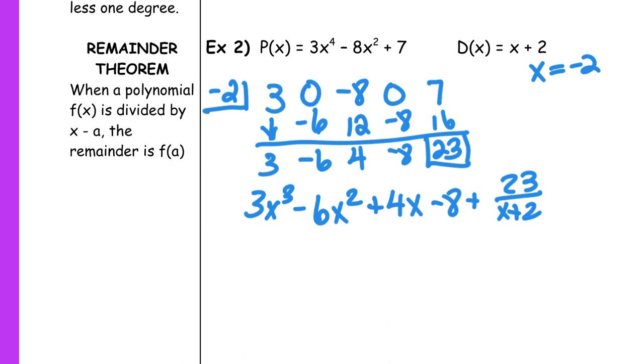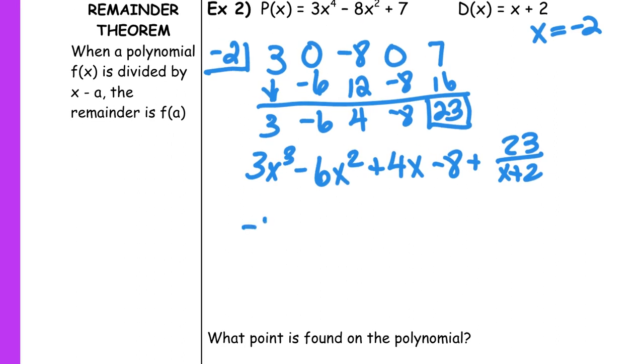Remainder theorem says whatever it was that we divided by becomes a point. So when I divided by -2 and I got a remainder of 23, that is actually a point on this graph. Those come in real handy tomorrow because we can start doing sketches to determine, am I getting close to a root?